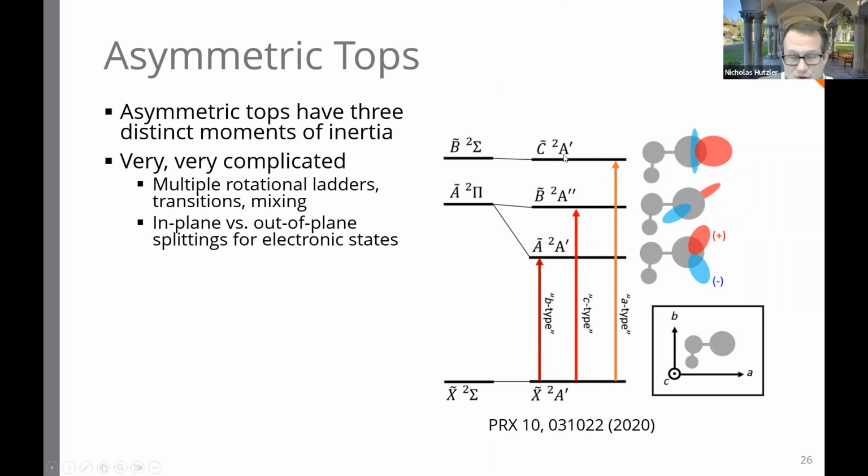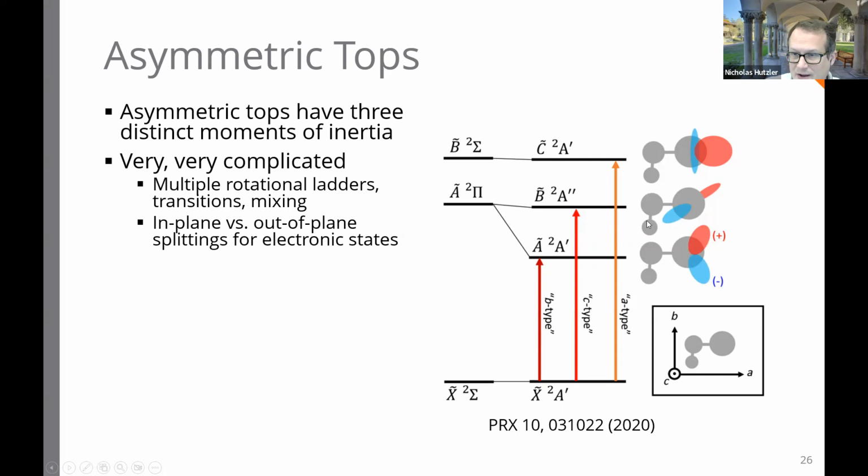You also get additional splittings because things that are nominally degenerate in cylindrically symmetric molecules, like the pi lobes for an excited electronic state, whether they are this way or this way, is a degeneracy for a diatomic.